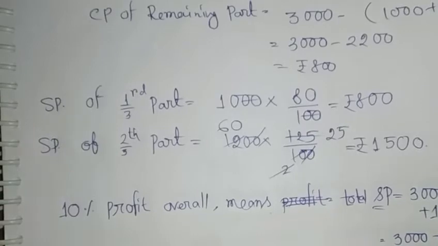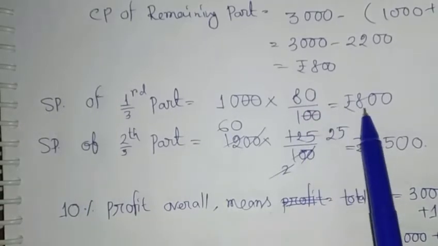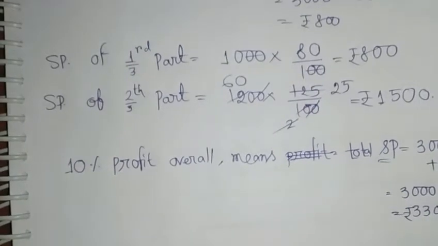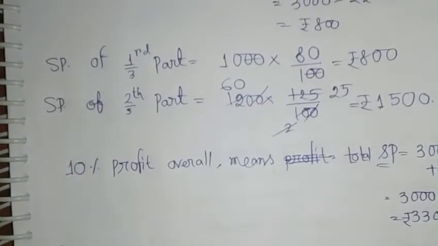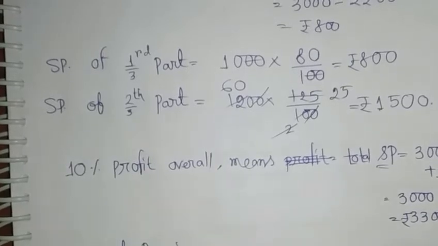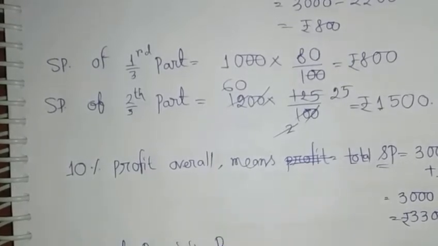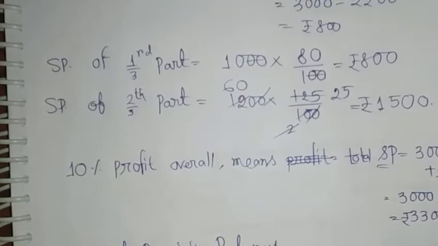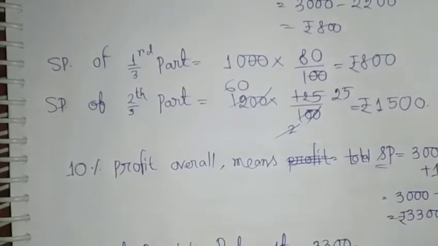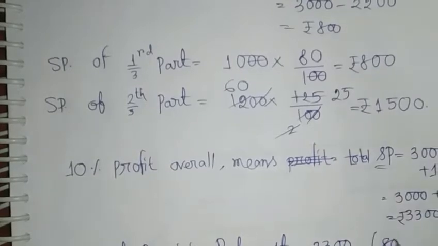Now we sold these two for 800 and 1500. So the selling price of the remaining part must be this total selling price minus these two selling prices.